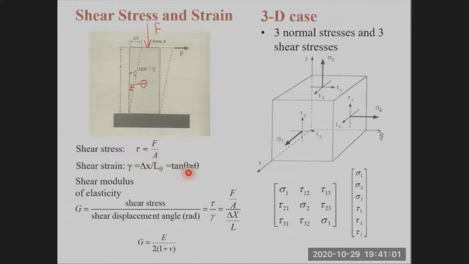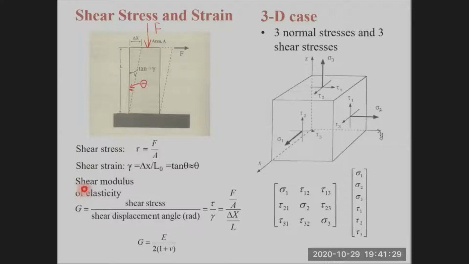And if theta is very small, tangent theta is approximately equal to theta. So for small deformation, the shear strain is simply equal to this deformation angle, or the shear angle. So that's the shear strain.